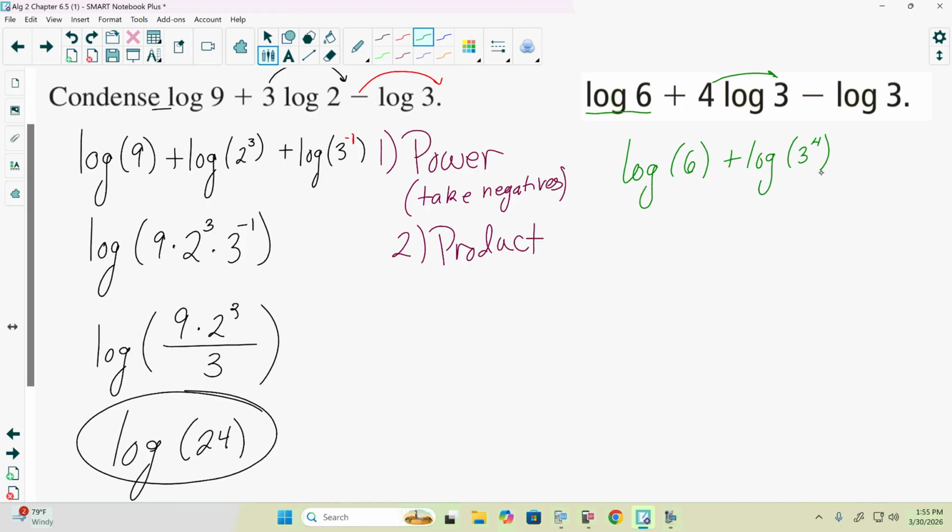So that's telling me I go from 4 log of 3 to log of 3 to the 4th. And lastly, we're going to take that negative up into the log. And it's going to turn it from minus log of 3 to plus log of 3 to the negative 1.